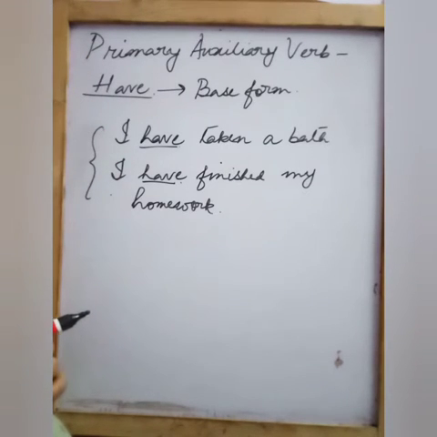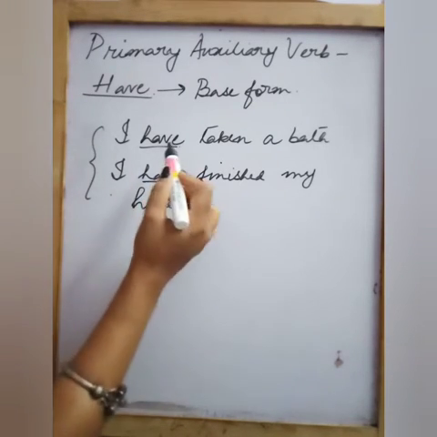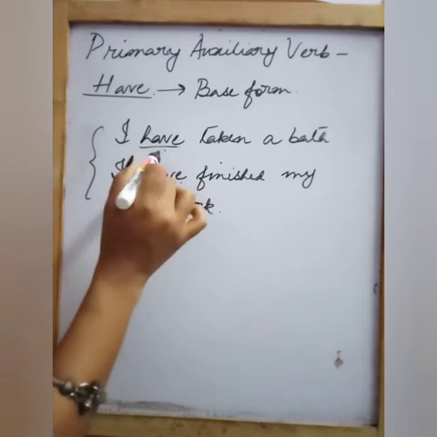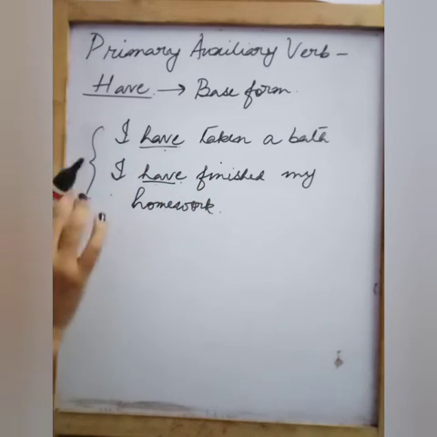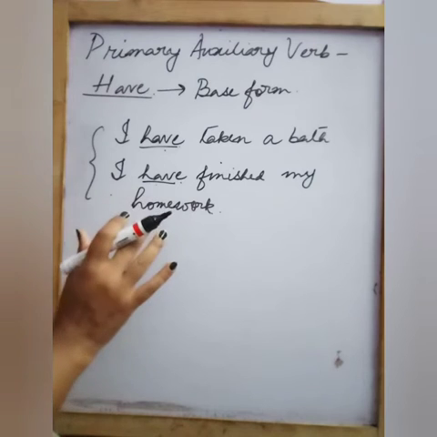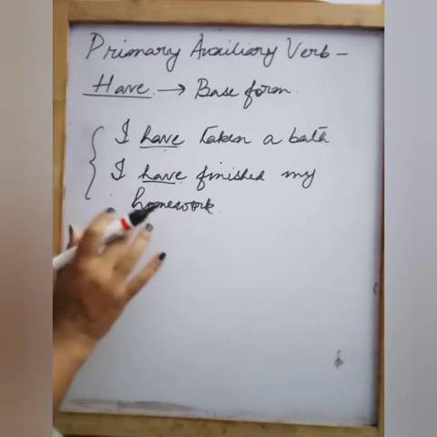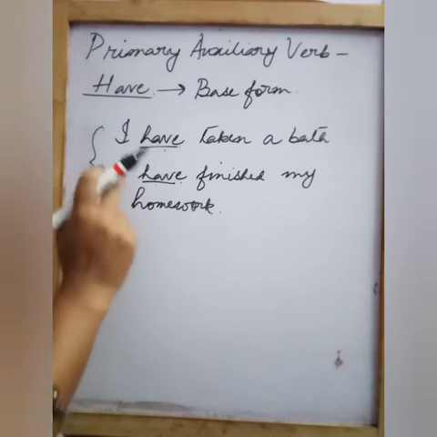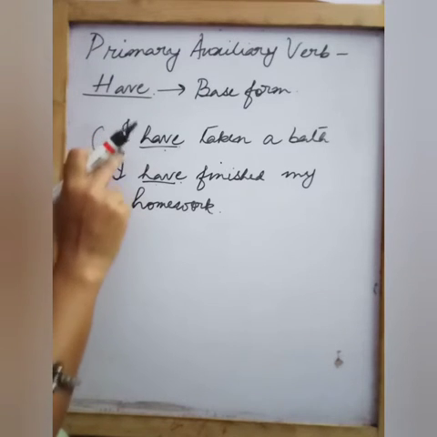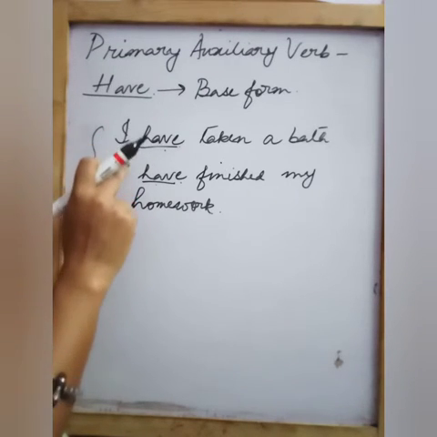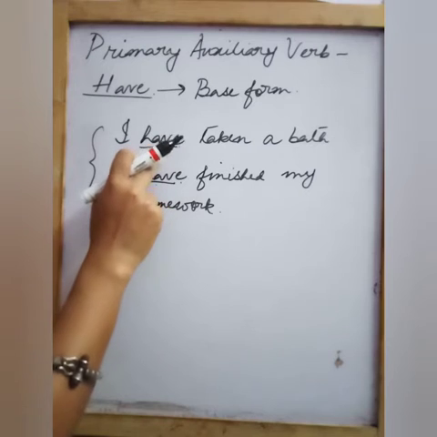Now, the helping verb used in a perfect tense is have. We can use has also here. But the use of has or have will depend on what? It will depend on the subject being singular or plural. Here the subject is singular, isn't it? I. So we are using have.